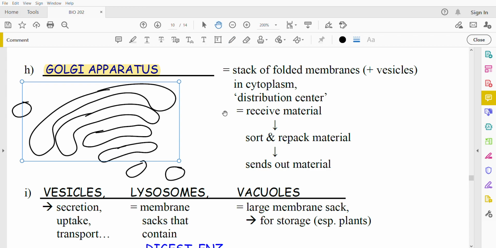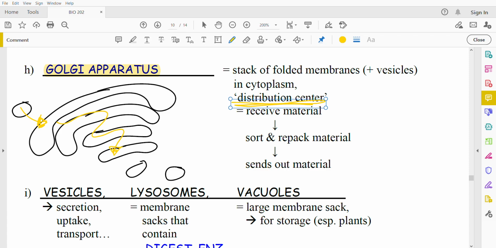And what Golgi apparatus does, I compared it during our lecture video to a distribution center of a cell. So Golgi apparatus receives materials from other parts of the cell, often through various different kinds of vesicles. This material then is processed within the Golgi apparatus.